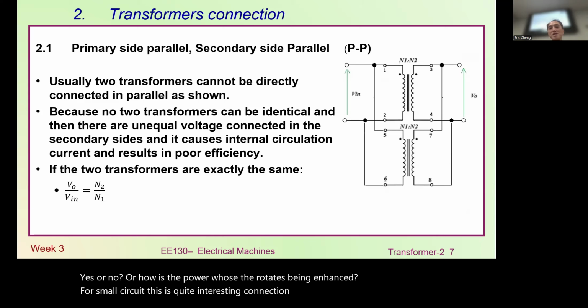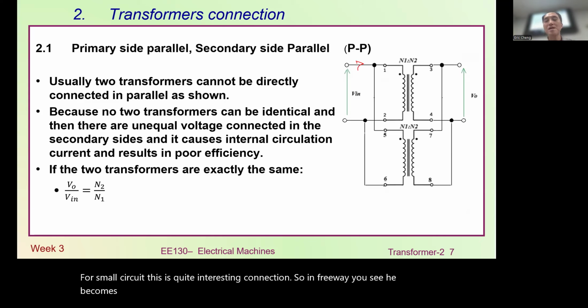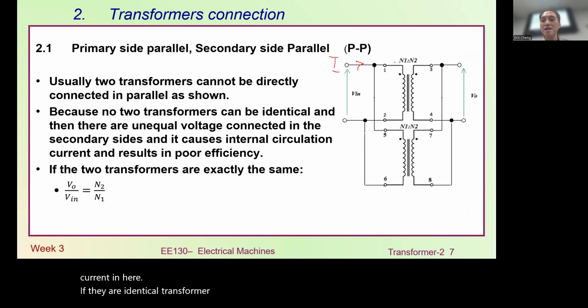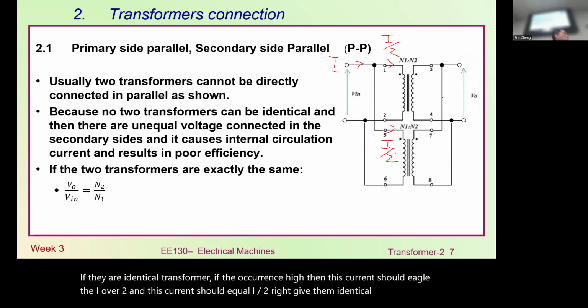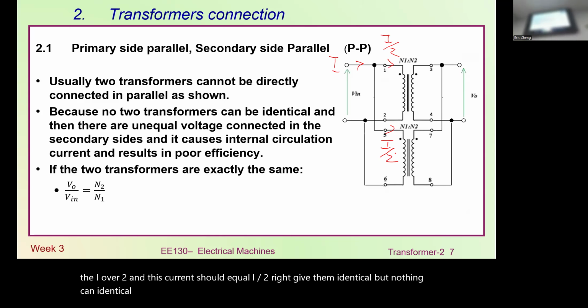So in theory, if you got current I in here, and they are identical transformers, then this current should equal I over 2, and this current should equal I over 2, right? If they're identical. But nothing can be identical, so these two currents will share in a separate way. They may delay a little bit.